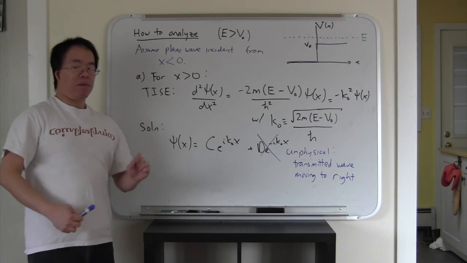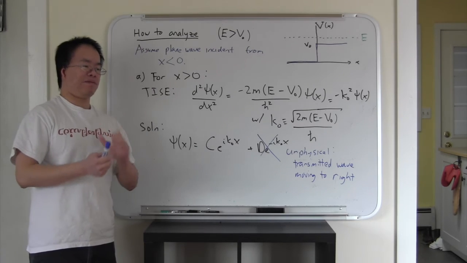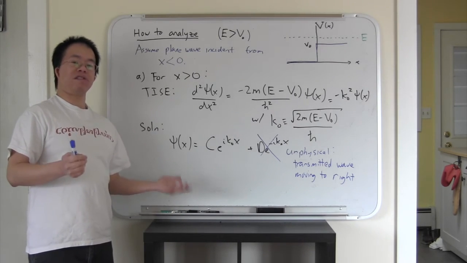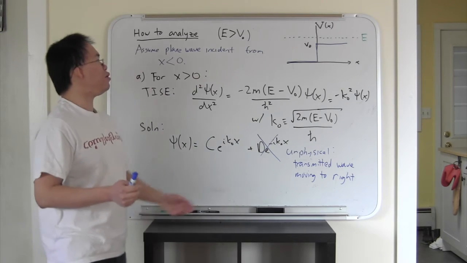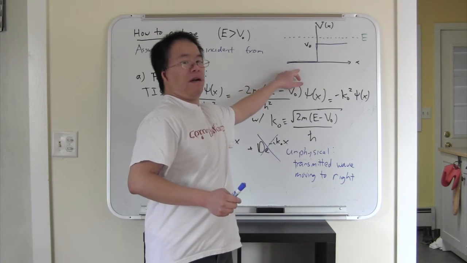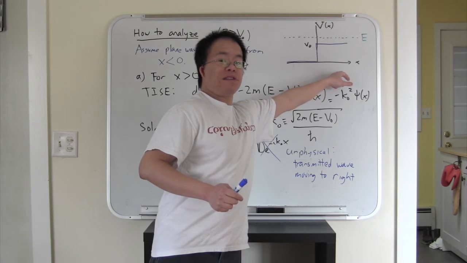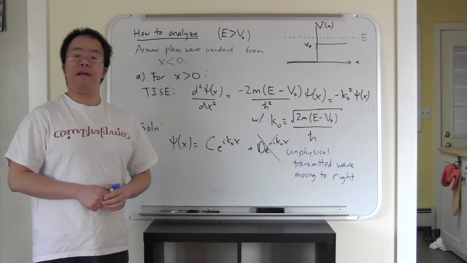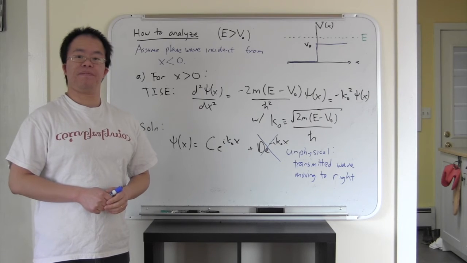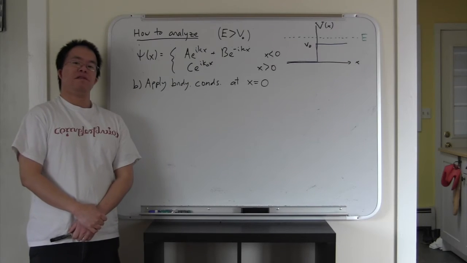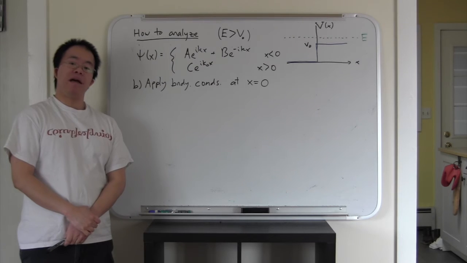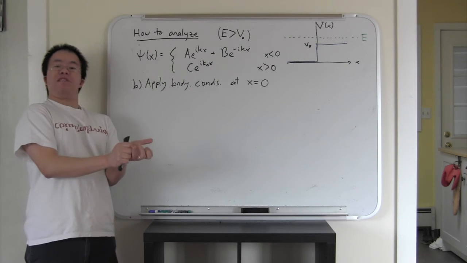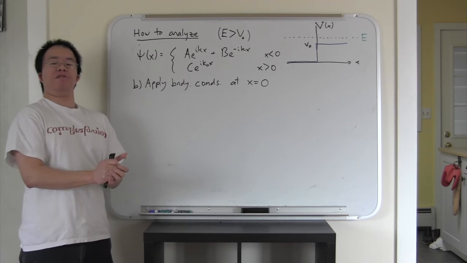Okay, so at this point we've written down the general form of the solutions to the time-independent Schrödinger equation for negative x, and now for positive x. We have to stitch them together by applying boundary conditions. So our next step will be to apply boundary conditions where we need to stitch the wave function together at x equals 0.